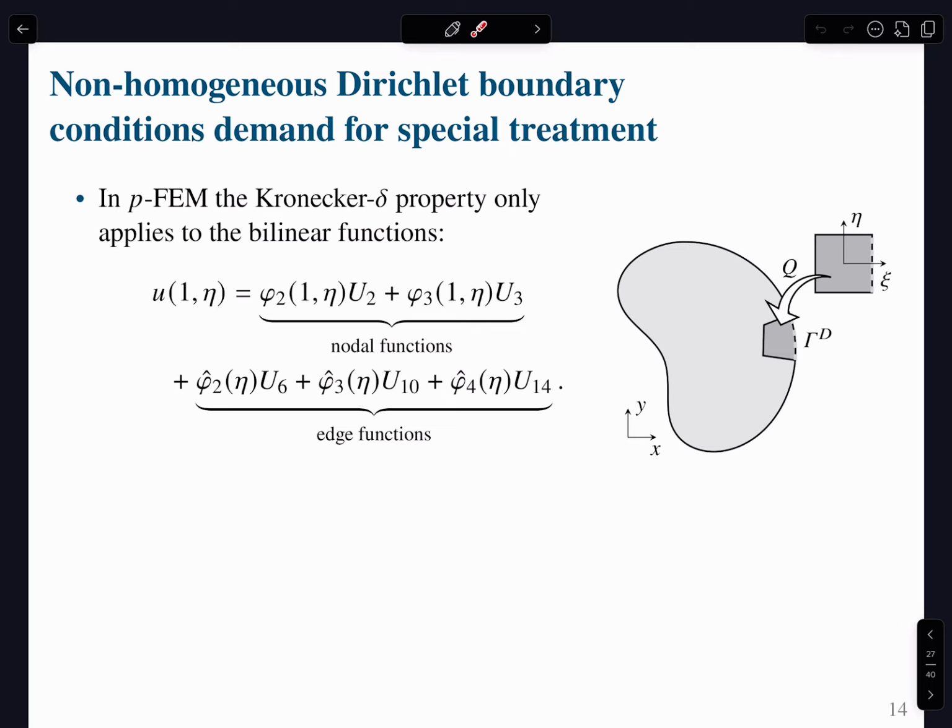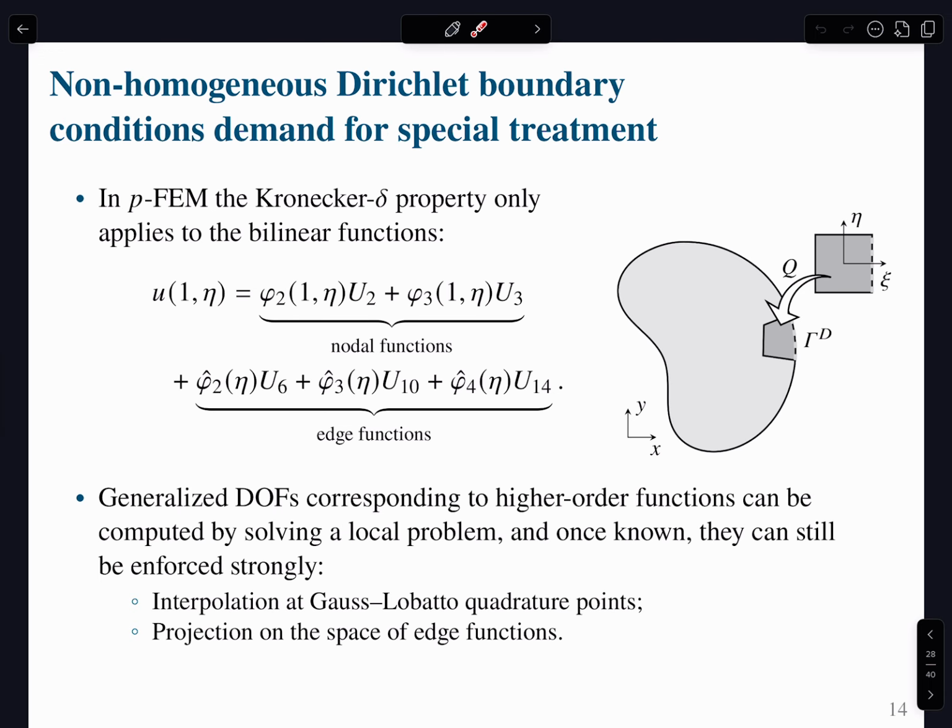So you remember we have something that looked like this for the quadratic, and then something that looked like this for the cubic, and something that looks like this for the quartic. So there are high order shape functions, but we don't have the Kronecker delta property, right? So generalized degrees of freedom corresponding to high order functions can be computed by solving a local problem. And this is what we're going to do.